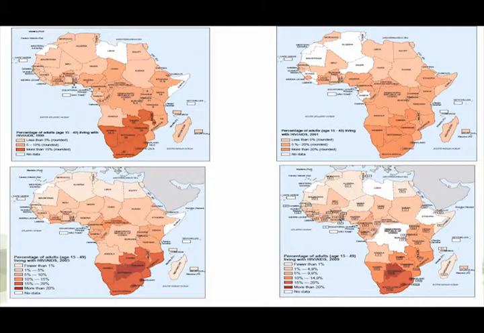Okay, this is the HIV map, just to show you it is widespread in most of sub-Saharan Africa. But now, by 2011, they have discussed that non-communicable diseases such as cardiovascular diseases, the cancers, the diabetes, and chronic lung diseases are now the leading causes of death.